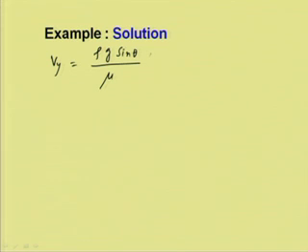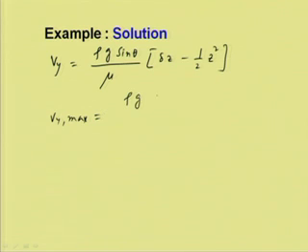We know that the velocity V_y is equal to rho g sin theta divided by mu into (delta z minus half z square), and V_y max is equal to rho g sin theta delta square by twice mu.